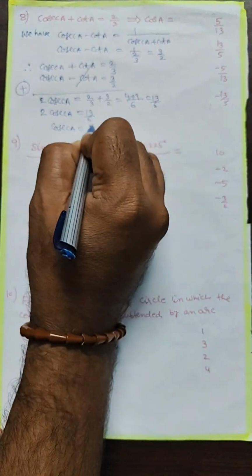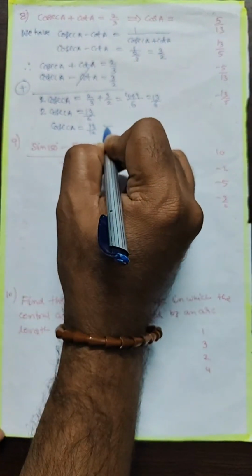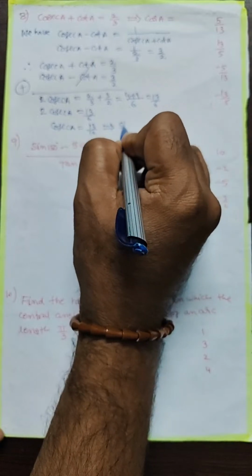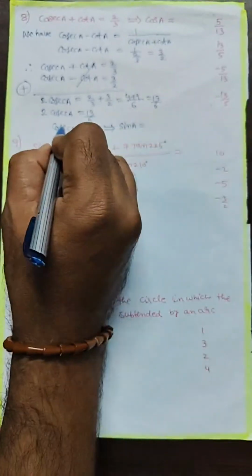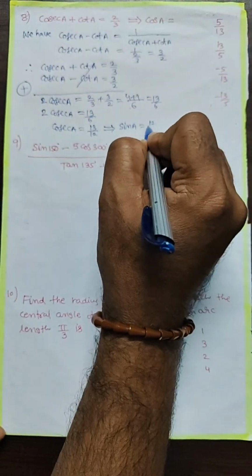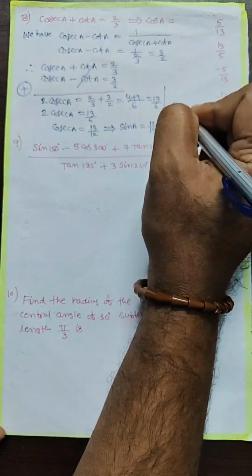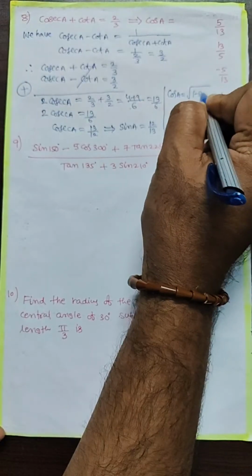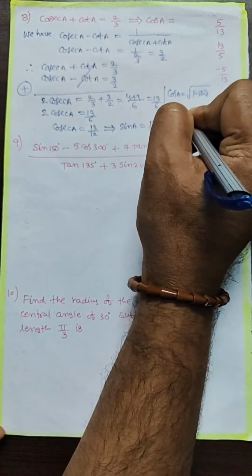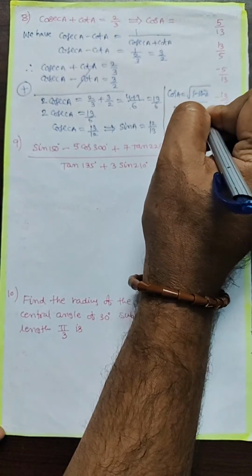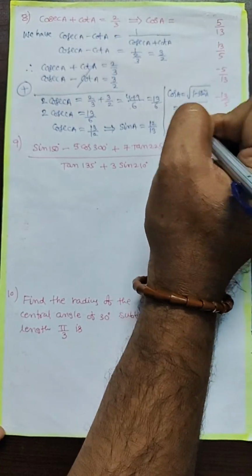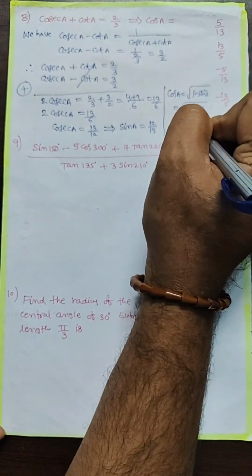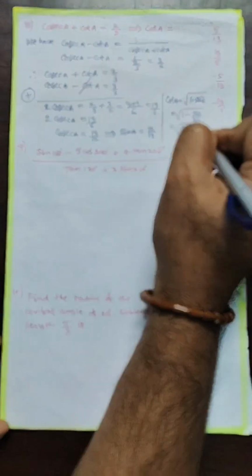Cosecant A equal to 13 by 12. That implies sine A, the reciprocal of cosecant is sine, no? 12 by 13. They are asking to find cos A. Cos A is root of 1 minus sine square A, which is equal to root of 1 minus 144 by 169. So root 25 by 169, which is equal to 5 by 13.